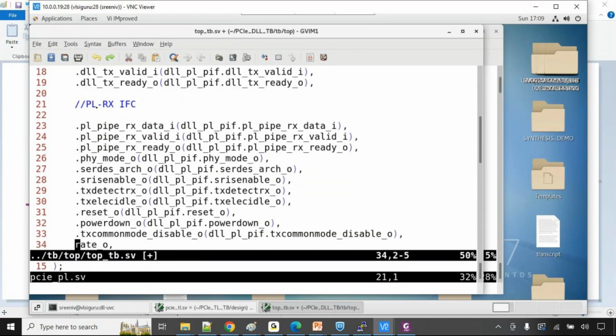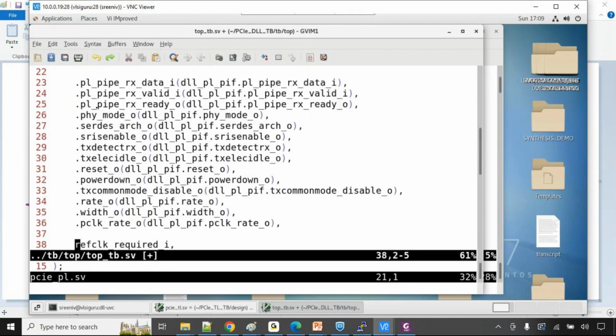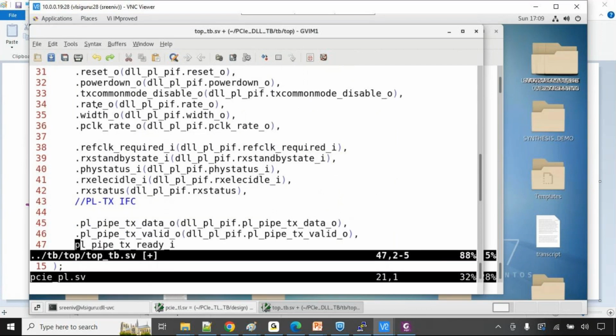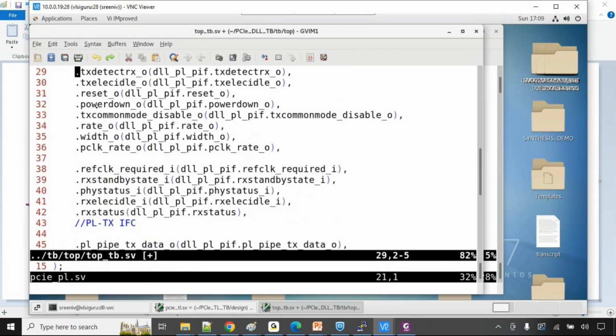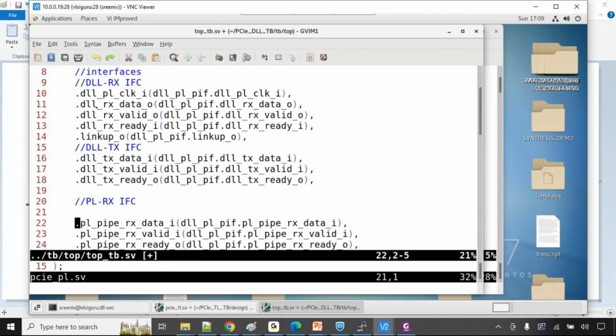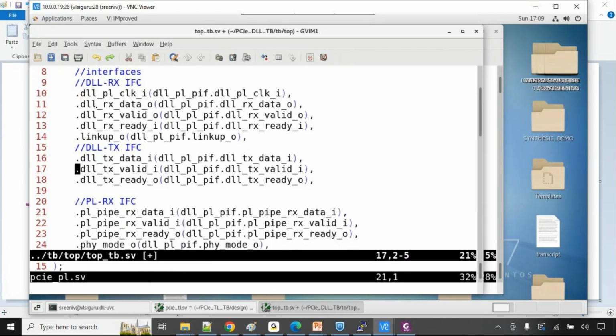We'll do that. So this interface name will be different for these things. Okay. Are we missing something here? Transmit data, valid and ready. Yeah, this is also correct. And now coming here, this interface name will be different here. This will become PL pipe interface, pipe PIF.